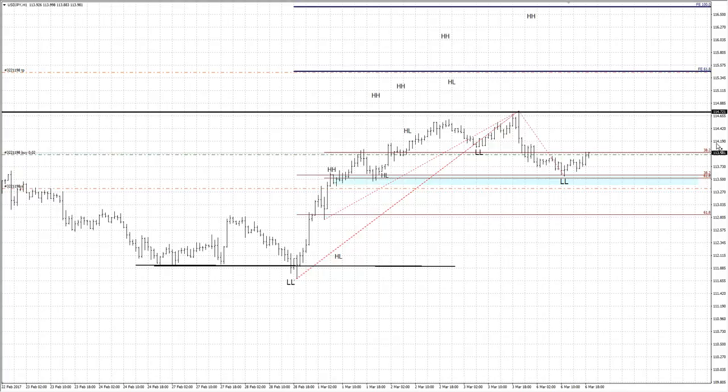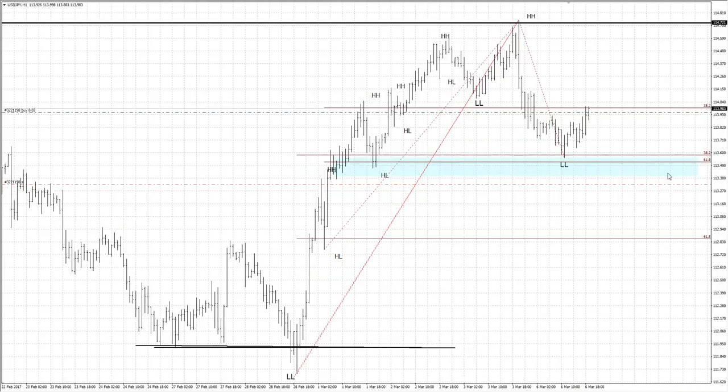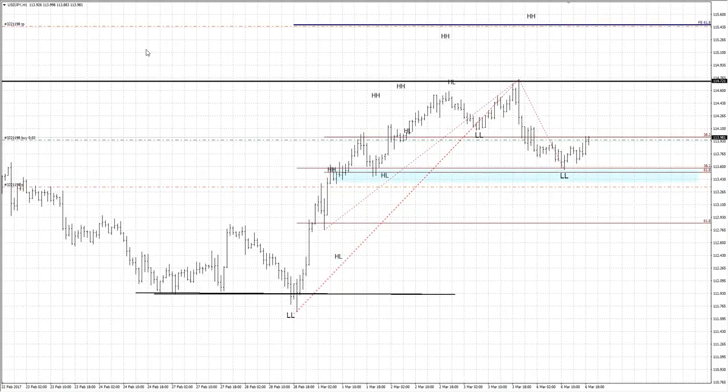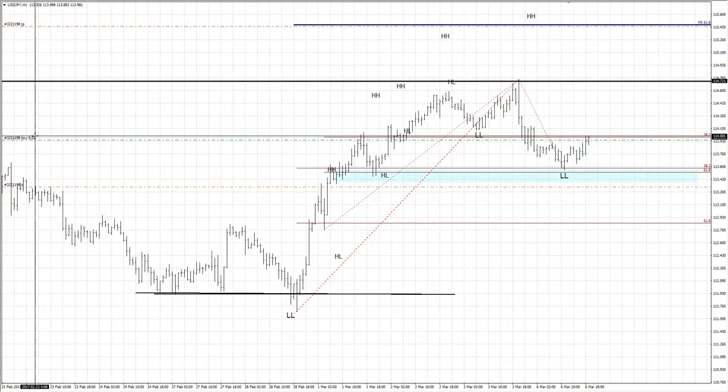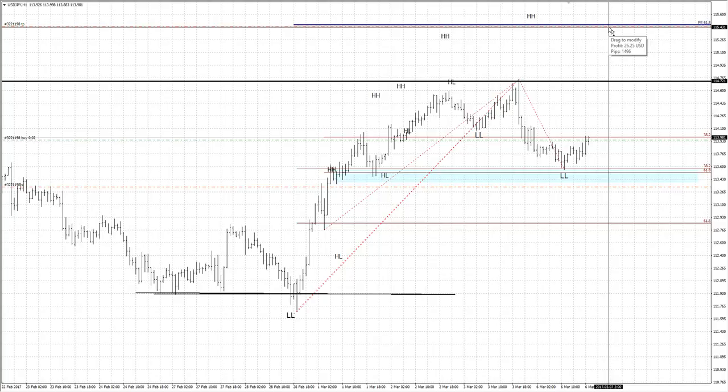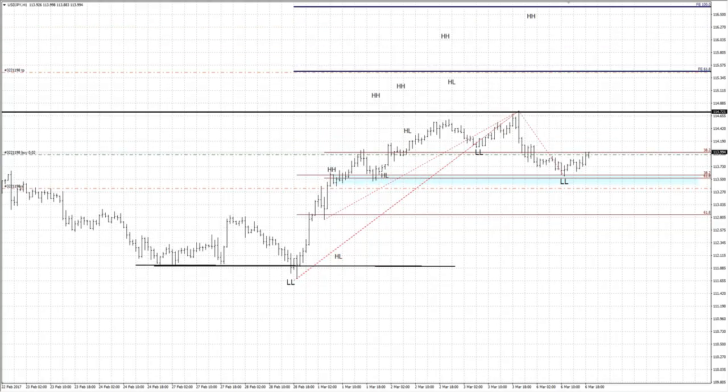I may decide, if the price goes and reaches my first target at 115.40, to split and exit half of my position at that point, and let the second half run for 116.60, right? That can be in the next day, next few days, and so on, depending on the market, volatility, and so on, right?